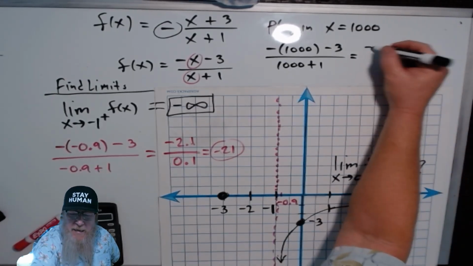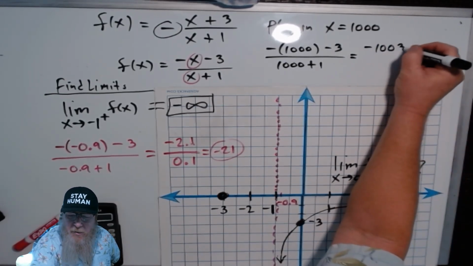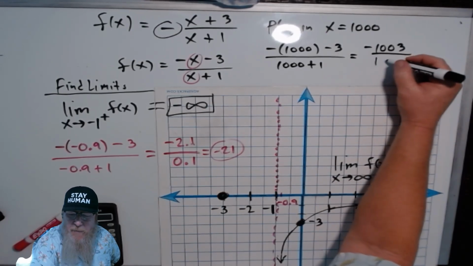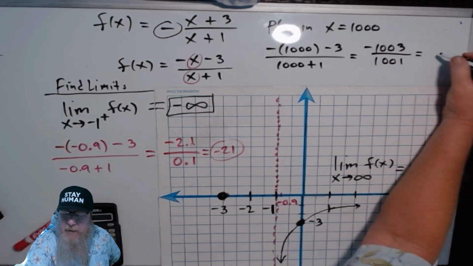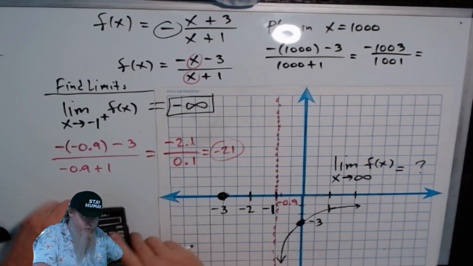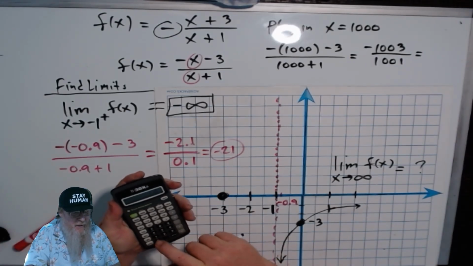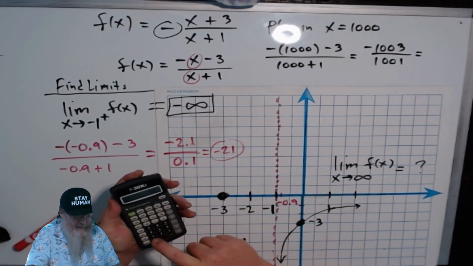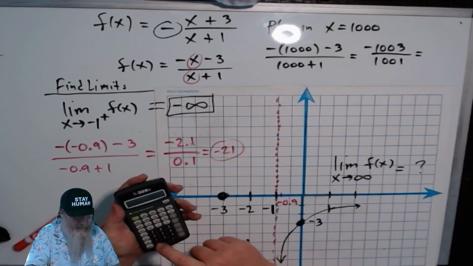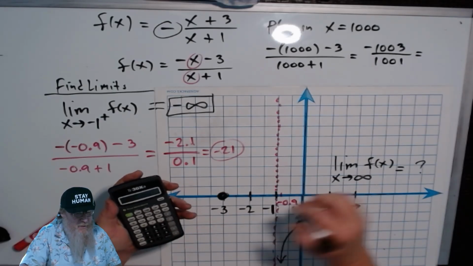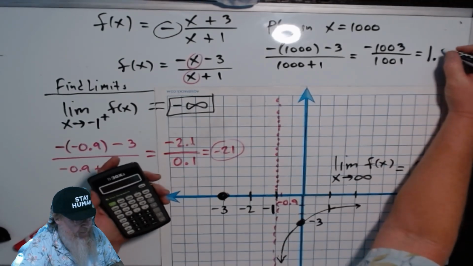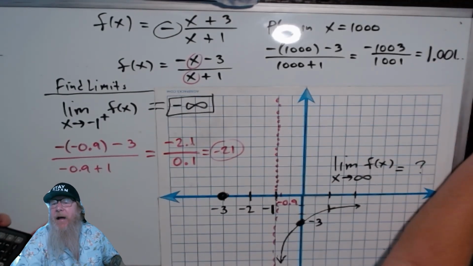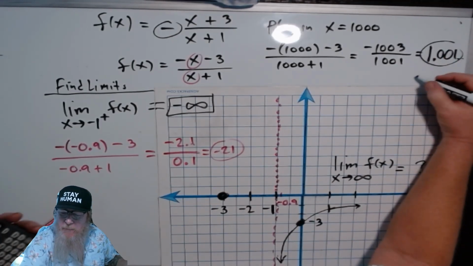So that's going to be negative 1003 divided by 1001. Right? You don't really have to do this on your calculator, but I think you'll know what's going to happen. If you take 1003 divided by 1001, you get 1.001, and so on. So this is approximately 1.